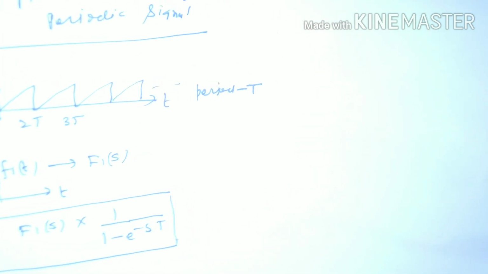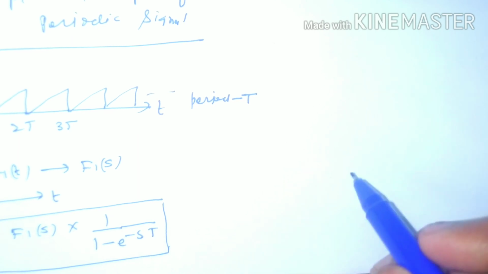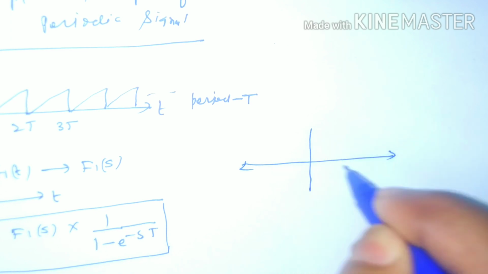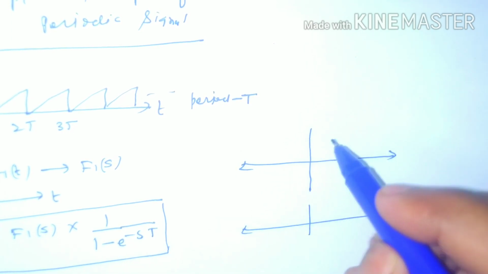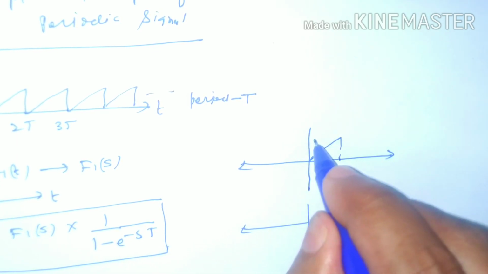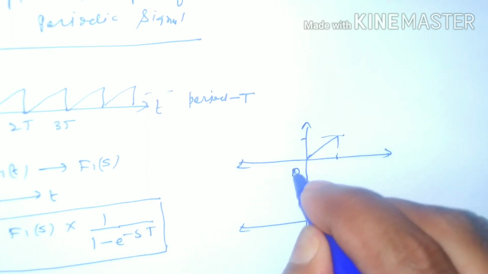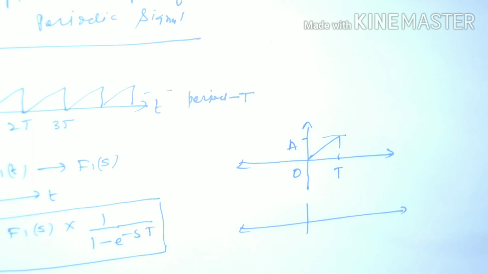Its equation can be found from some elementary signals, by multiplying two signals. It is the signal, with values from 0 to T and amplitude A, of which we have to find the Laplace transform.